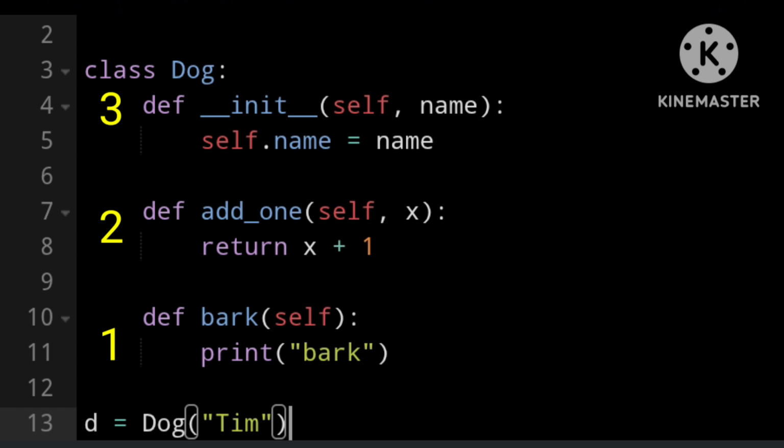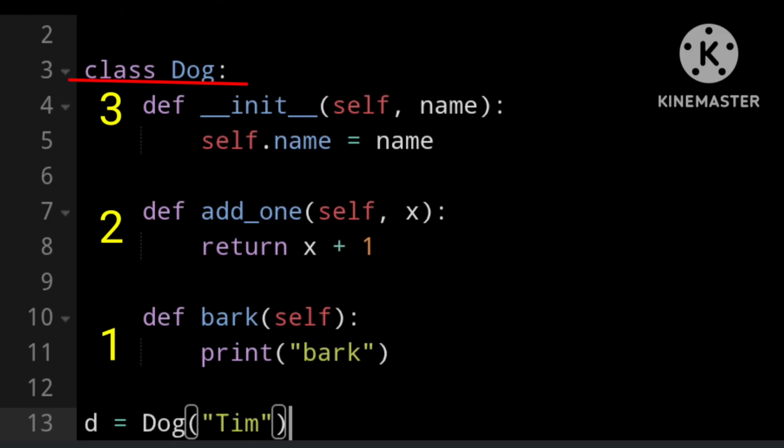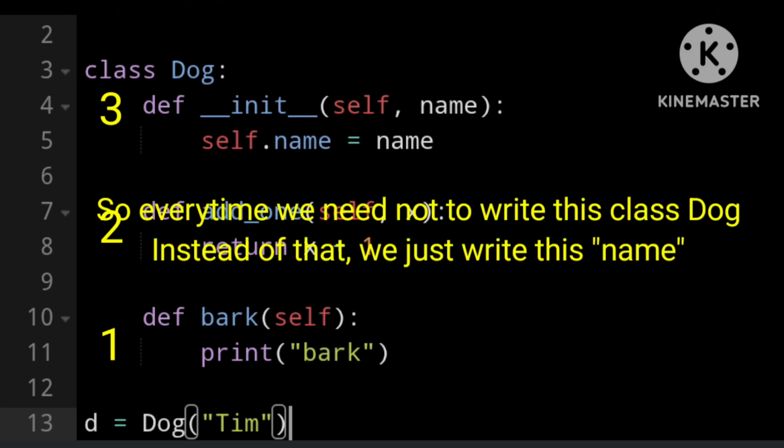And this is where we are going to talk about attributes. If we want to store this name, we can say self.name is equal to name. Now it is important to note that these don't need to match. But what we have just done here is create what is called an attribute of the class Dog, which is name. So essentially every time we create a new dog object, we will pass a name through this parameter.